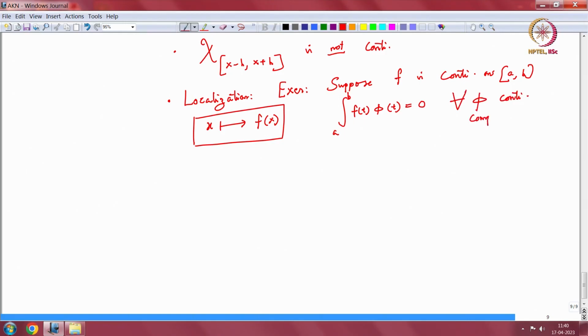You may not need all this, I am trying to make as minimal a class as possible. All these notions are already introduced. Then you can say that f is identically 0.